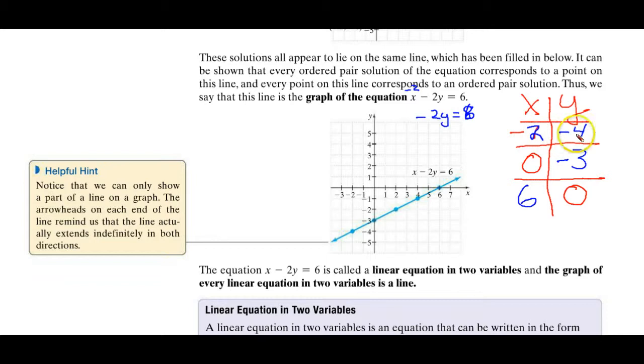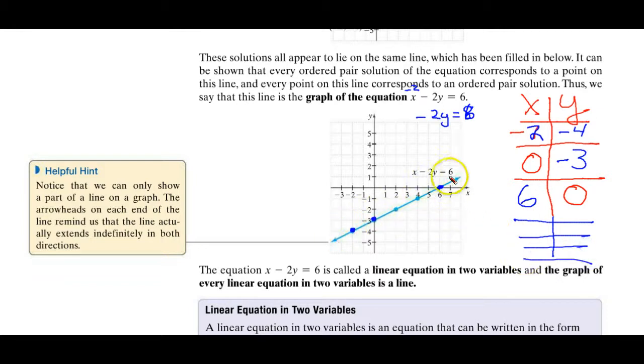So -2, negative 4. Negative 2, oh, they did that one too, so it's right there. Then 0, negative 3. There's 0, negative, oh, they did that one too. And then I have 6, 0. I have that one too. Okay, good. Now they also have this one. And you might say, are there other points?